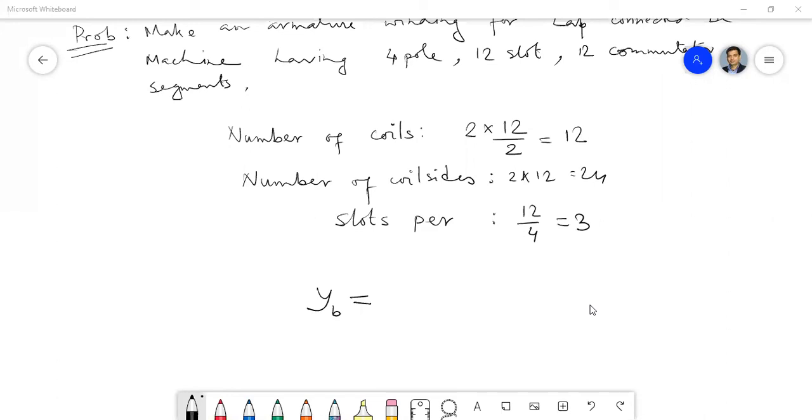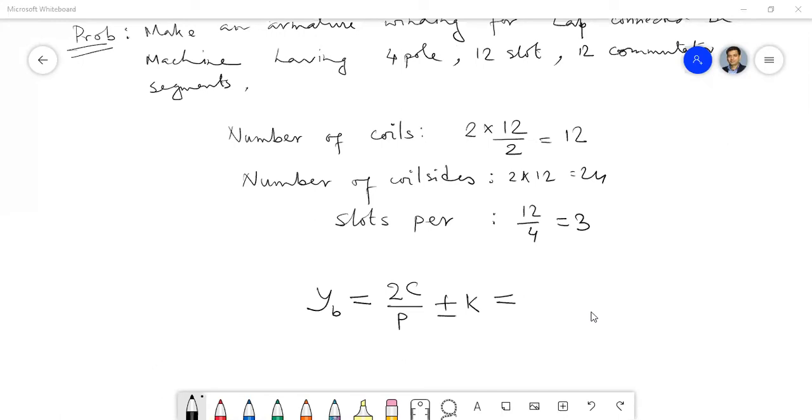Can you tell me what is the possible back pitch? Sir, back pitch will be 5. Sir, 7. Okay, seven.